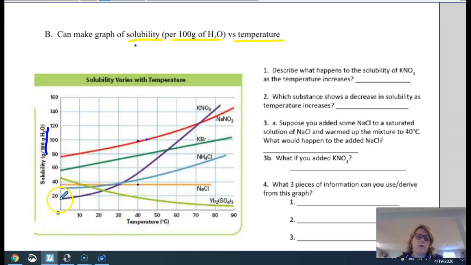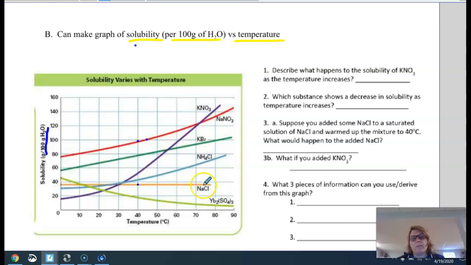So you can tell most of the lines will increase as temperature goes up. Sodium chloride stays pretty constant, so it doesn't matter how high the temperature is. It's going to stay pretty flat.